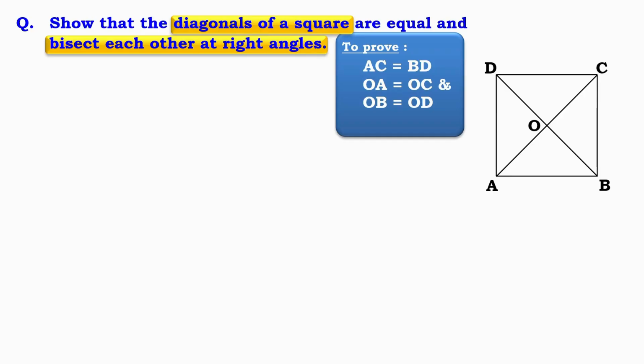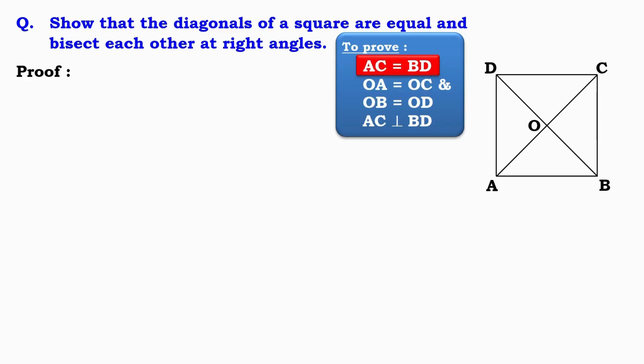We also need to prove that they make right angles, meaning AC is perpendicular to BD. Okay, these things we need to prove. Now let's take a look at how we are going to prove it. So let's now do the proof over here.